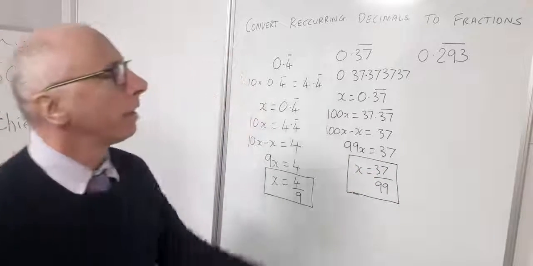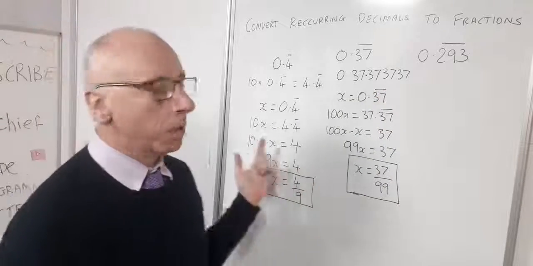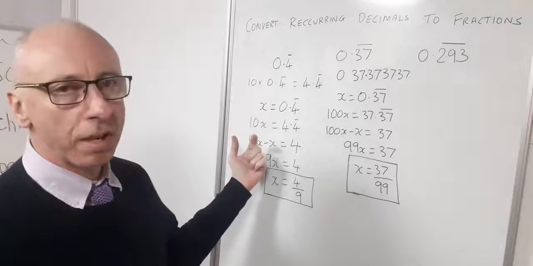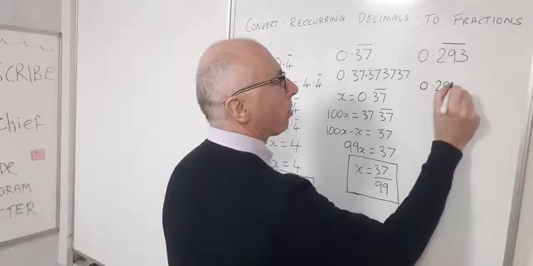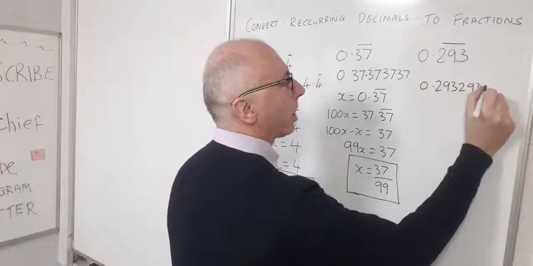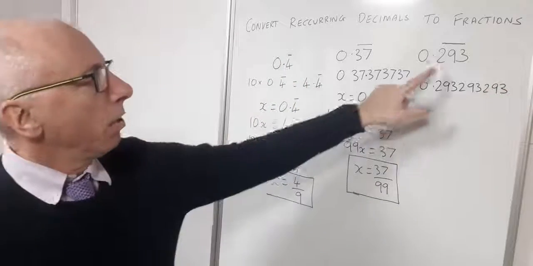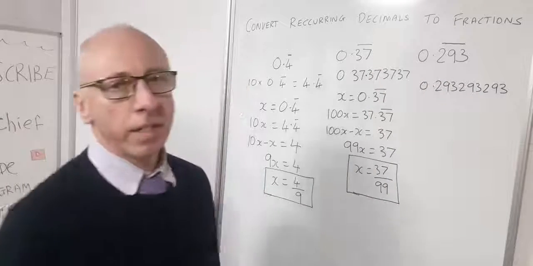Okay, now what about this one? 3 digits this time. So same principle occurs. Whatever number of digits occur, we need to try and transfer across that many times. So just to write this one out, I've got 0.293, 293, 293. Now my goal is to try and get this 293 this side of my decimal.